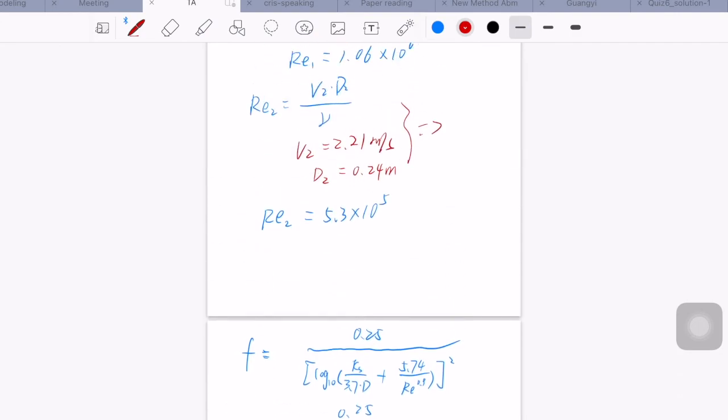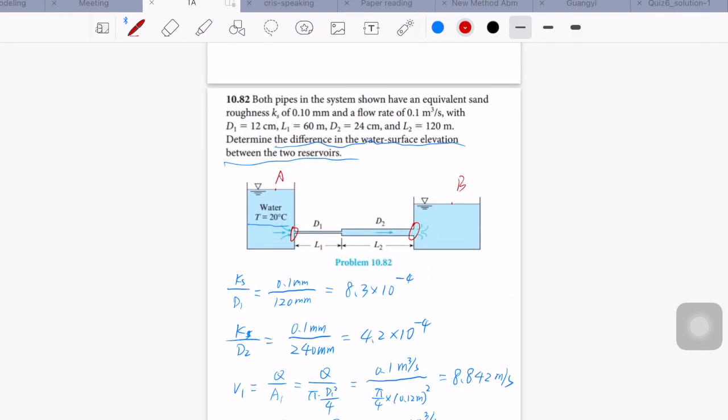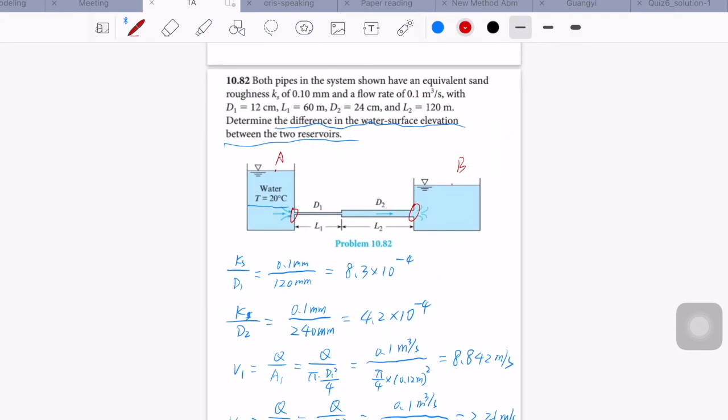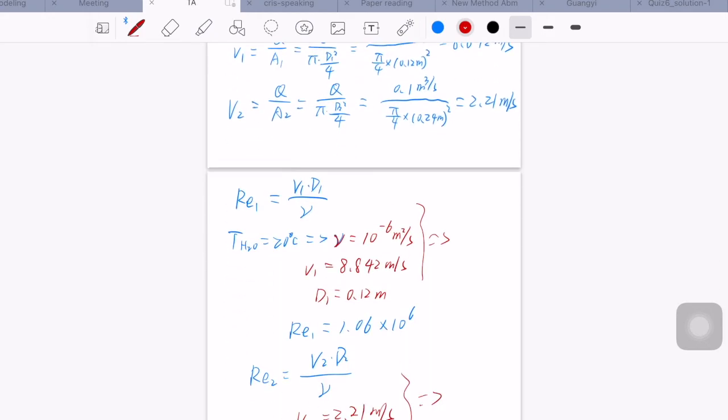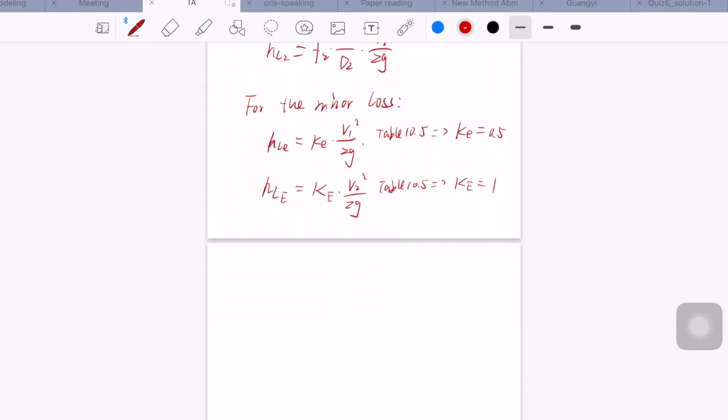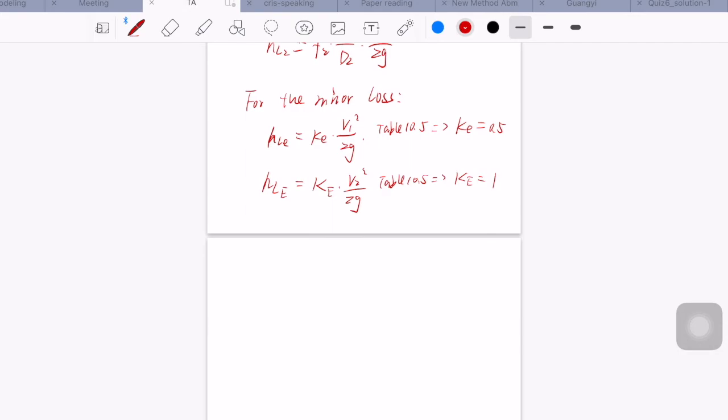And for the sudden expansion in a pipe, when we know the velocity, we can use this equation to calculate the head loss.